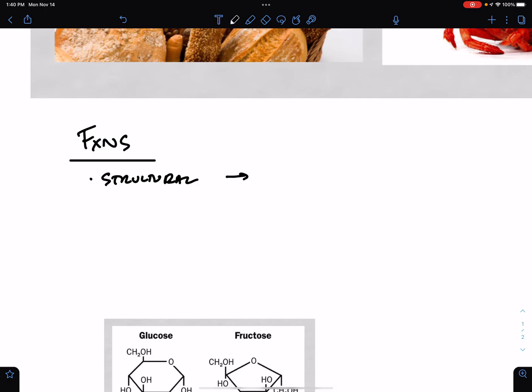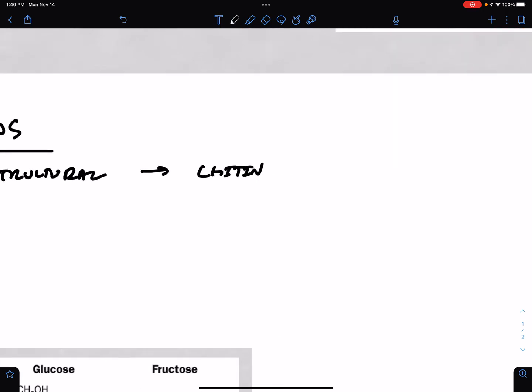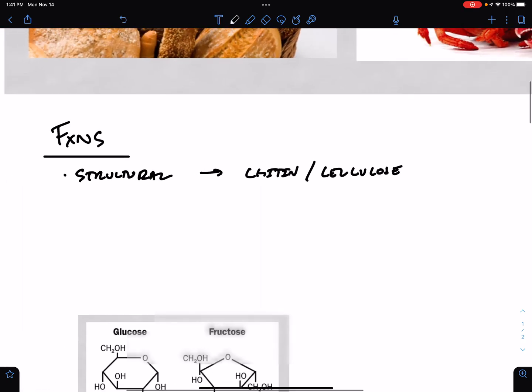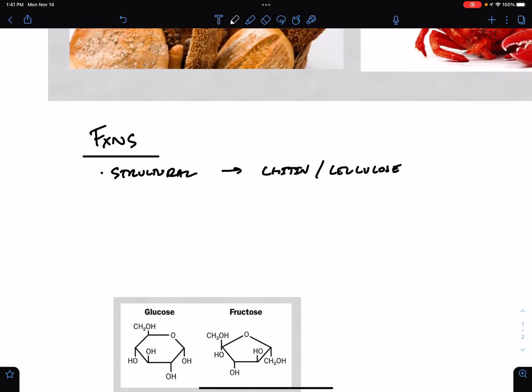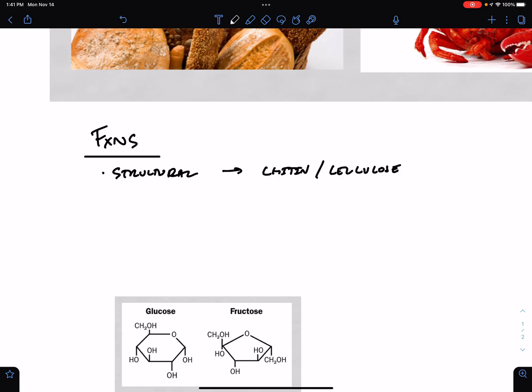As you see in the example above, chitin is a structural carbohydrate, and then cellulose, which makes up the majority of plant cell walls. We're going to see an example of that down below. This is cellulose. So they play a structural role in many cells.